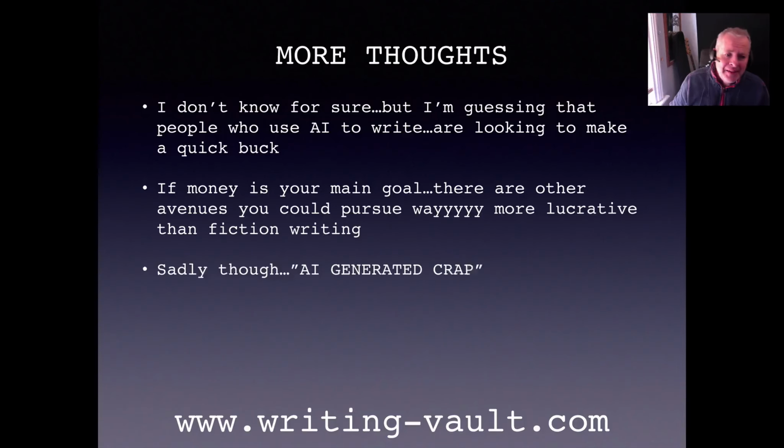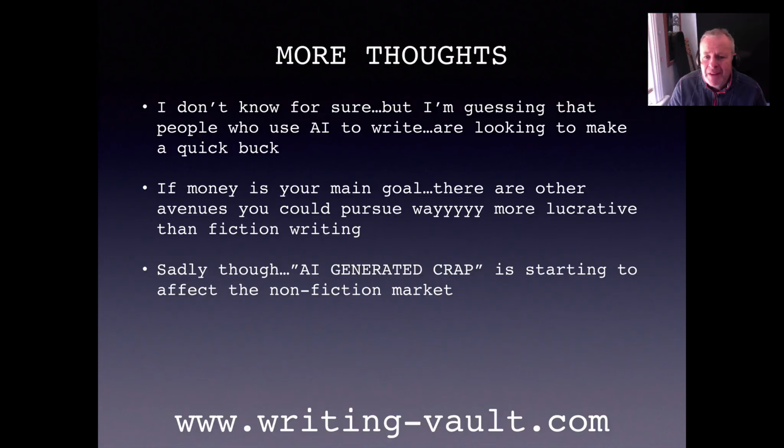Now, having said that, there's a load of AI-generated crap starting to affect the non-fiction market. I'm in non-fiction, in a unique niche, and also one of the smallest niches on Amazon, sadly, where so far I haven't seen any AI-generated books pop up, because my books are music books.